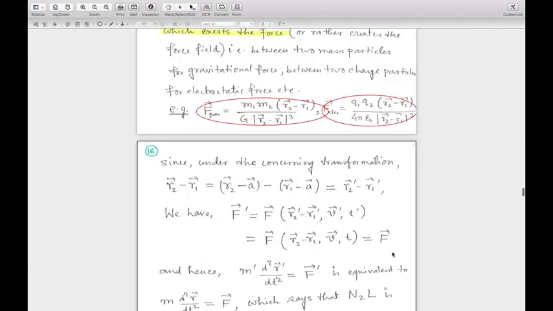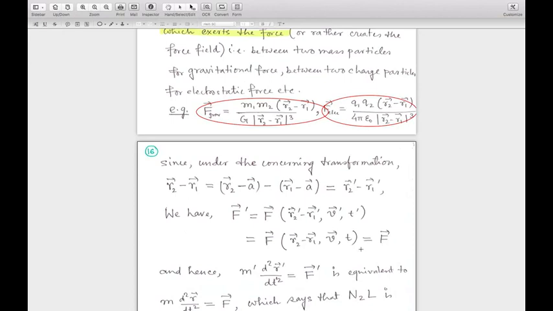Then you can easily say that this force, which is now a function of not r' but actually r2' minus r1', is eventually, for this type of forces which we have talked about here, simply depending on r2 minus r1. Voila, so we are done.